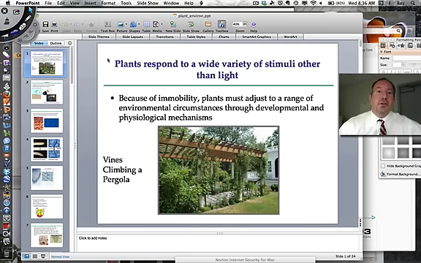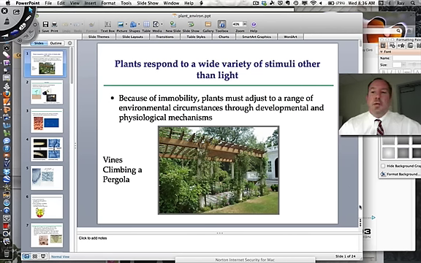You may be familiar with a garden pergola, which is sort of like a little loft, and vines are capable of spiraling themselves around and growing, which is kind of cool. It's a great example of how plants adjust. They're rather immobile, but they can make subtle changes in their development and physiology in order to adjust.